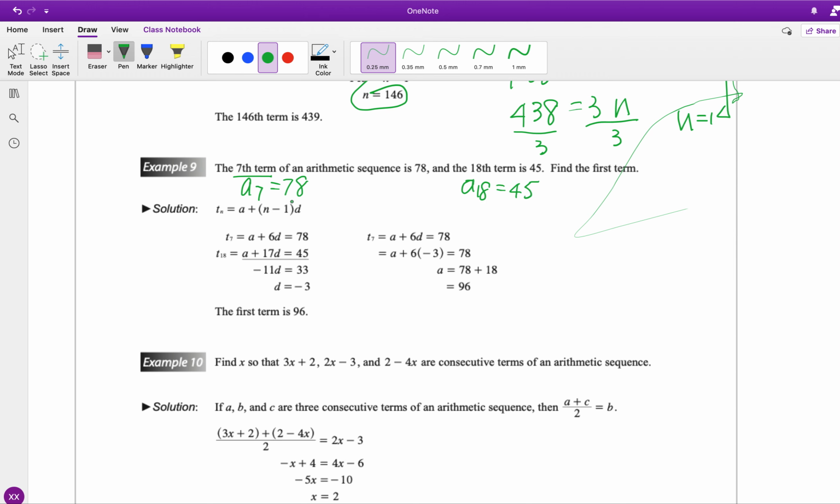First of all, you can see this is a decreasing sequence, so then your D will be a negative number. Then we are asked for the first term.